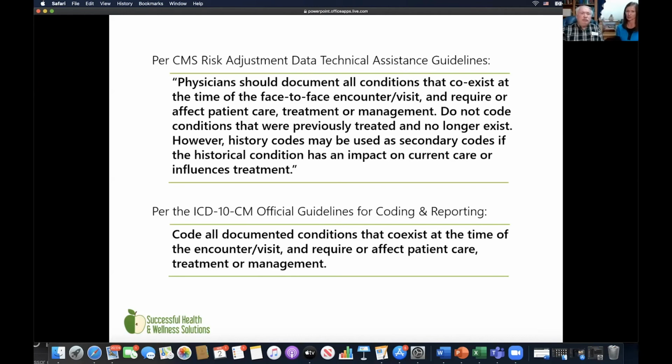However, history codes may be used as secondary codes if the historical condition has an impact on current care or influences treatment. And this is something that we see different in value-based care model as opposed to fee-for-service, as far as providers needing to document and code more than just the reason for the visit. We're trying to paint that clear picture now.